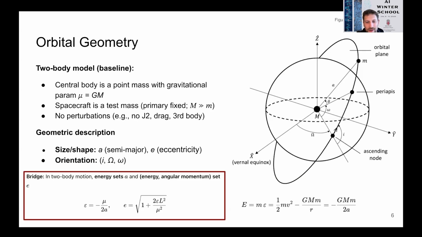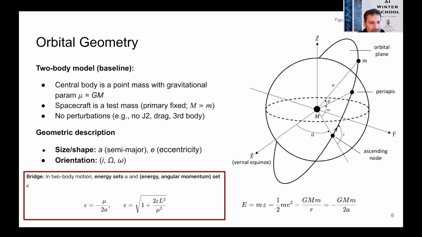So just to be clear, and maybe you recall the total energy equation, GMm over 2a from your mechanics classes. In that case, all we're doing is multiplying this small e by the satellite mass, and then we can recover this.